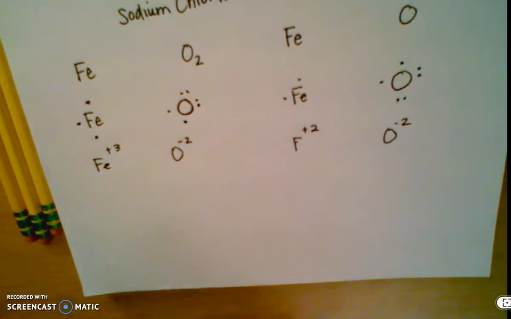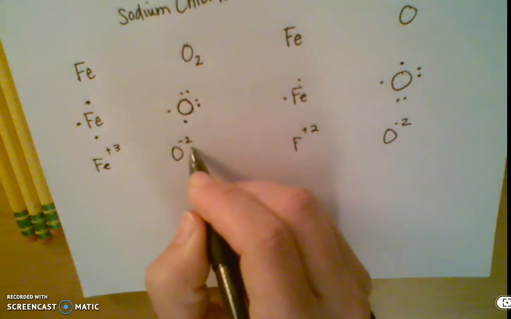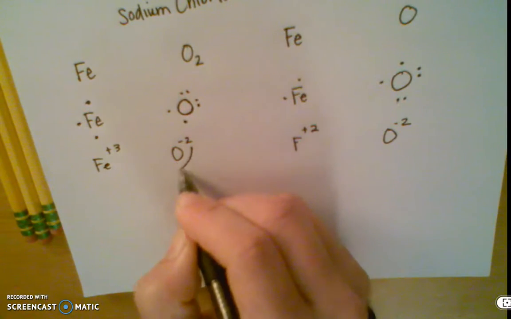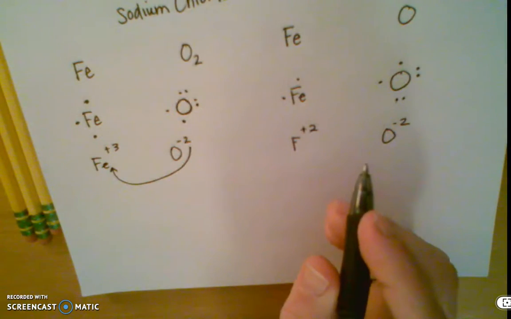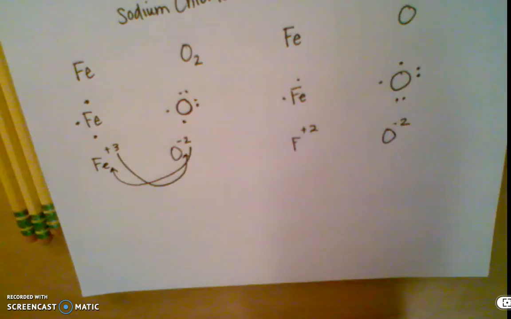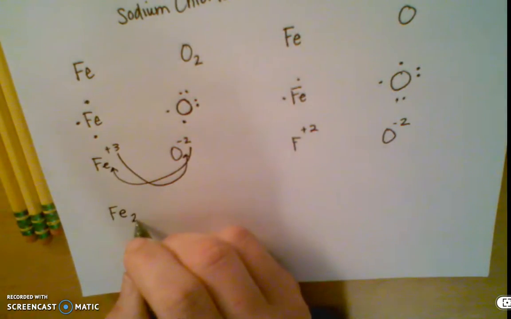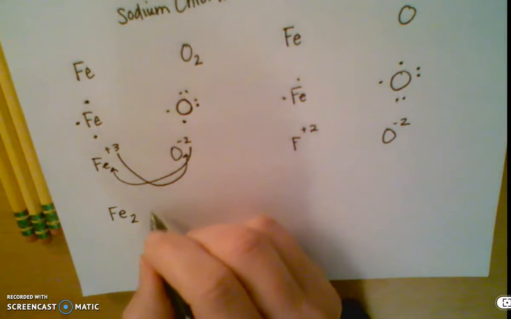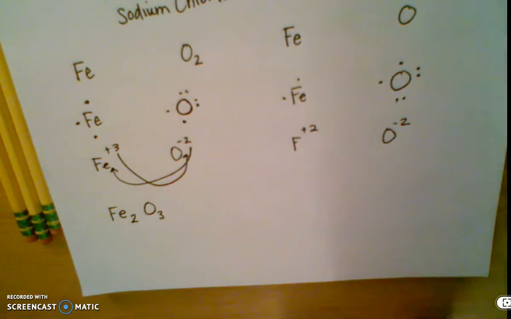So the way we actually do this, the simplest way to make this ratio work, is you take whatever the charge is here and you add that down here to the iron, to the subscript, and you take whatever the charge is here and you add that to the oxygen. So that's going to give us Fe2O3, as in we have 2 irons, 3 oxygens.